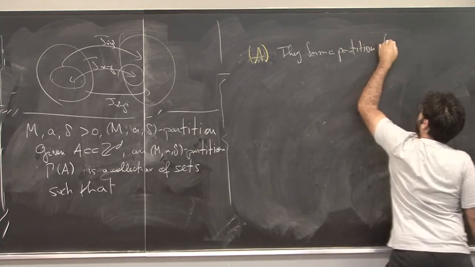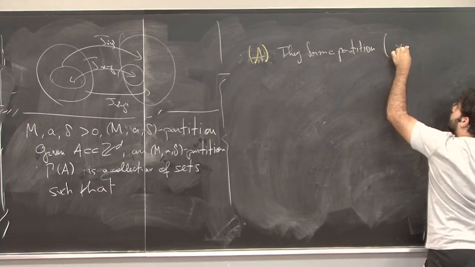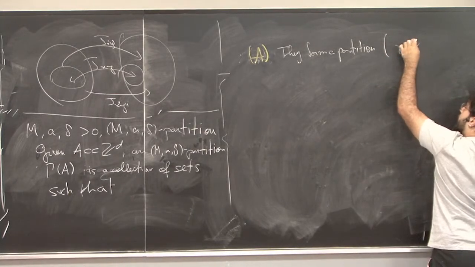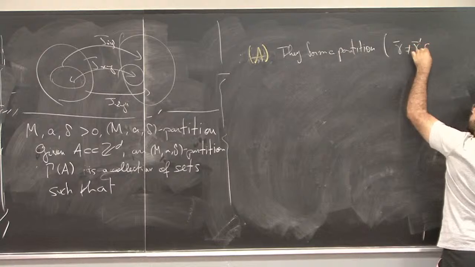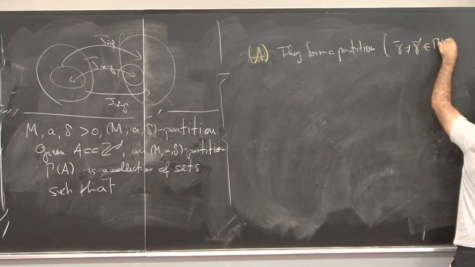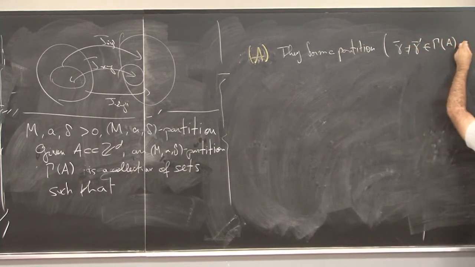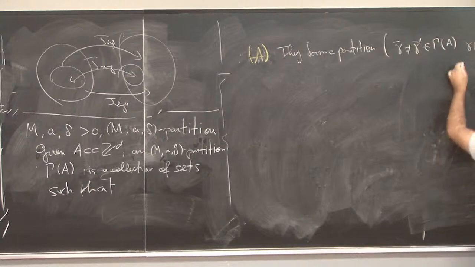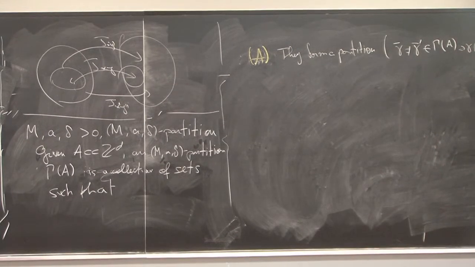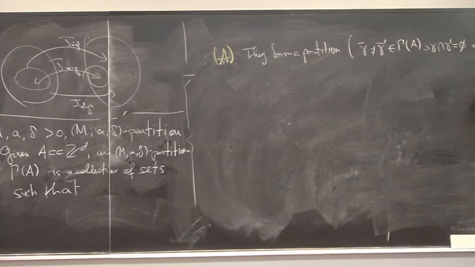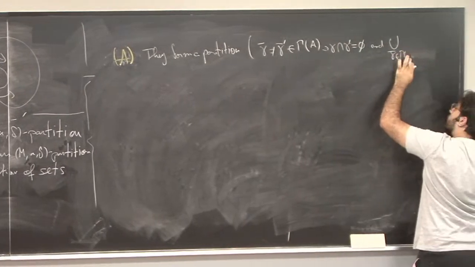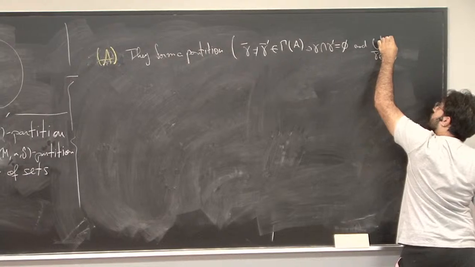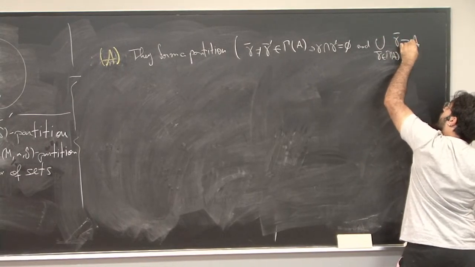So what this means is that for any distinct pair of elements inside here, they are disjoint. They are distinct, and their union is exactly A.